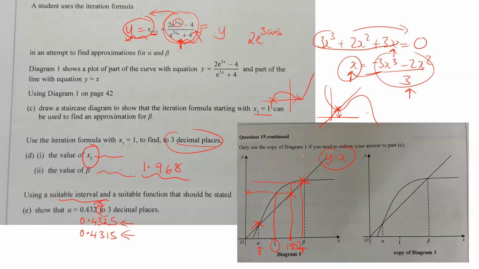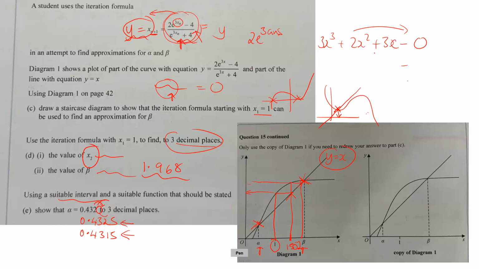Yeah. What makes something an iteration formula specifically? An iteration formula is when you've got everything equal to 0, and then you start singling out an x and making that x the subject. So like I did here, I could make any of these x's the subject. On my thing that I've just made up there, I could make this x the subject, and I could have 2x squared is equal to minus 3x cubed minus 3x.